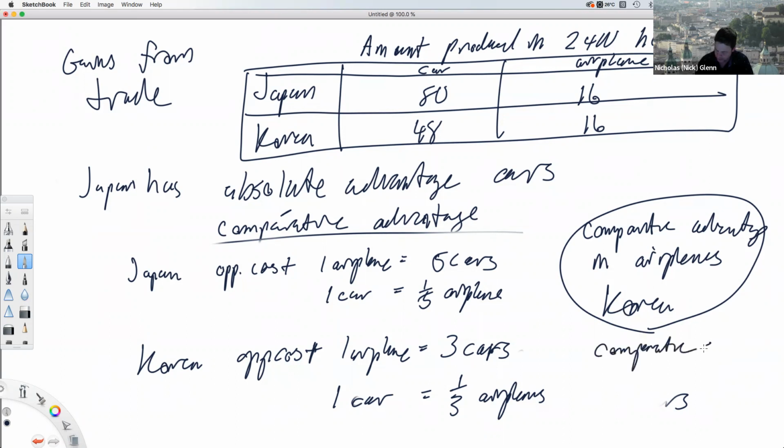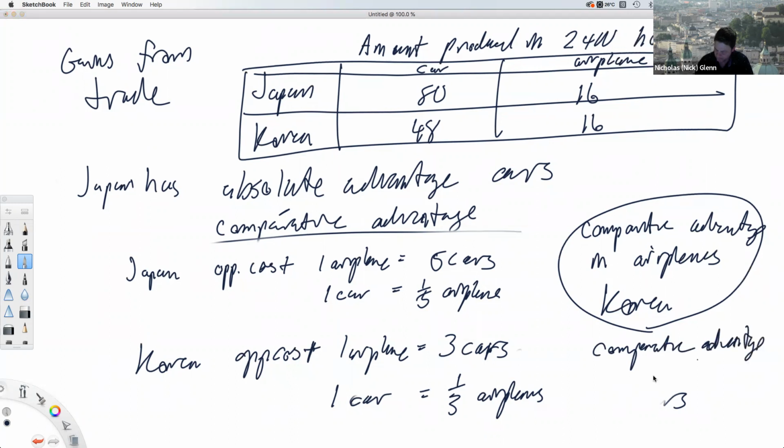So let's look at the comparative advantage of cars. Well, for Japan, they have to give up 1/5 of an airplane. But for Korea, the opportunity cost is 1/3. So the opportunity cost is lower for Japan.